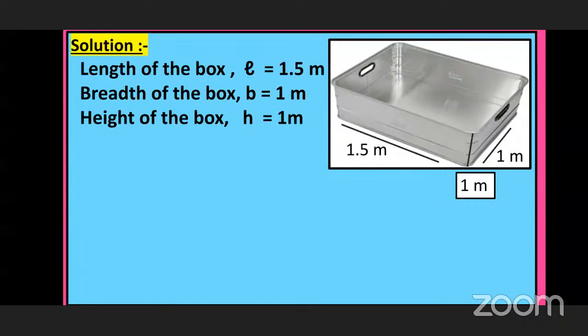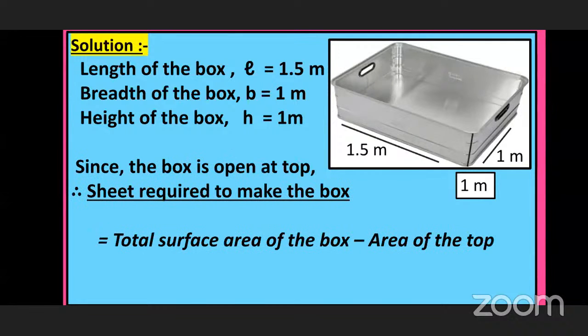So length, breadth and height are given. Since the box is open at the top, as you can see in the picture, the sheet required to make the box will be the total surface area of the box minus the area of the top.